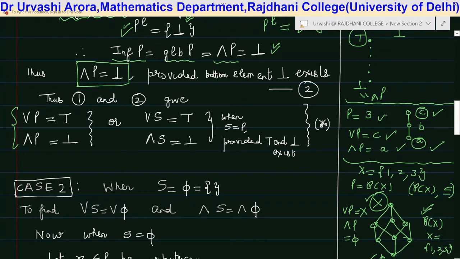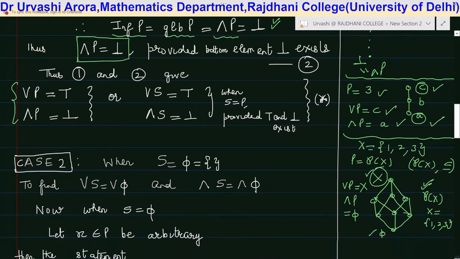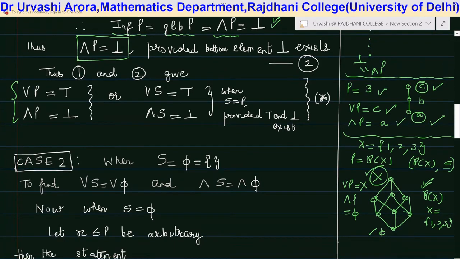So immediately by looking at the Hasse diagram of the PO set, we can make out whether the PO set has a join or not, or whether it has a meet or not. So this is how we apply these particular conclusions that we have found out in star.